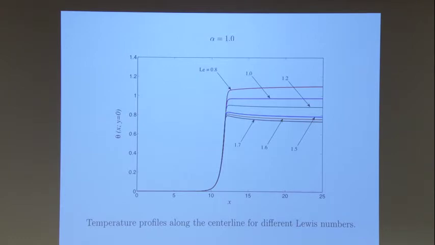And that's the graph that I thought I didn't have, but I do have. I was asked about it before. Here is the flame temperature for different Lewis numbers. So you see for Lewis number equal to 1, the flame is adiabatic, and this is the temperature along the axis. The temperature rises, the edge is here, the temperature rises, and then it stays at the adiabatic flame temperature.